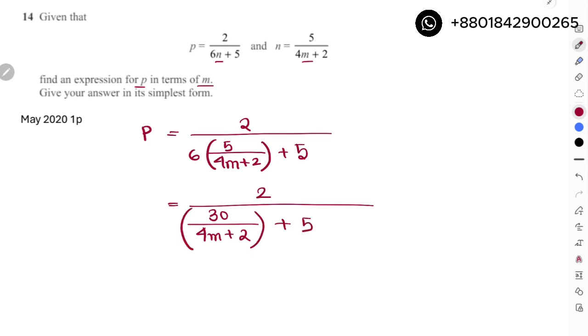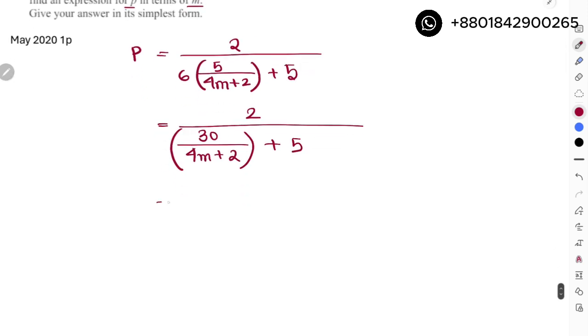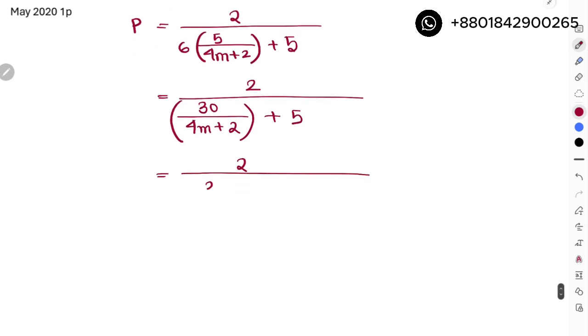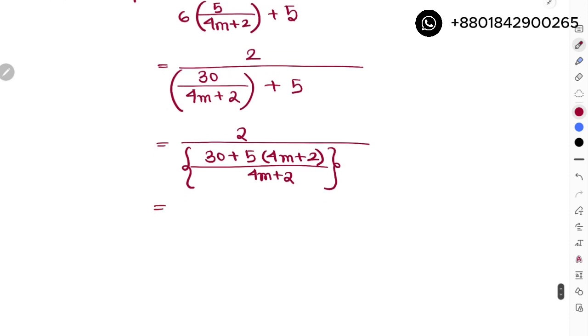In the denominator, now you have one fraction, one whole number. That means I'll have to do the LCM over here in the denominator. That will be what? 30 plus 5 times (4m plus 2) divided by that 4m plus 2. But one thing I can understand, if the denominator is a fraction, that means obviously it will get inverted and gets multiplied with the numerator.